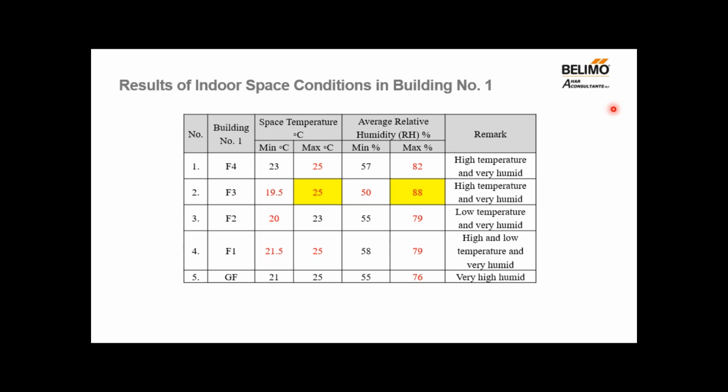As can be seen, although the space dry bulb temperatures are within comfort limits, the RH varies between 50 to 88%. For example, at floor 3, the conditions are 25 degrees C and the RH is 88%, which is very high.